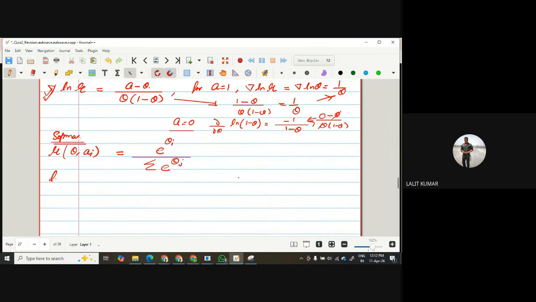So when we take the logarithm of this pi, it becomes theta i minus the logarithm of the summation of e to the theta j. Now, when you take the derivative with respect to theta i of this, the first term becomes 1, and the second term, if you just abbreviate this, becomes... is everybody with me on what I'm solving?